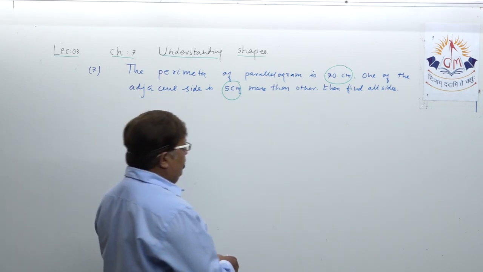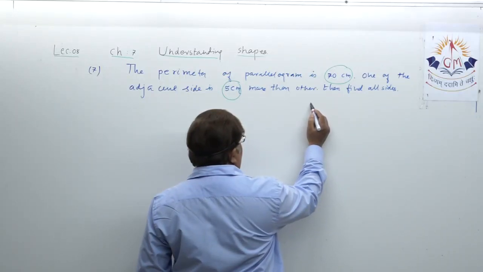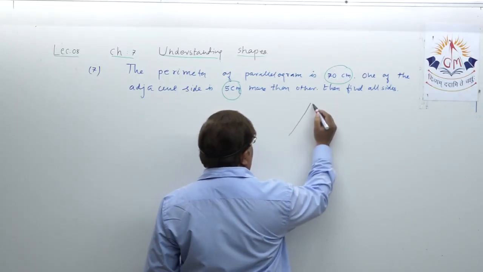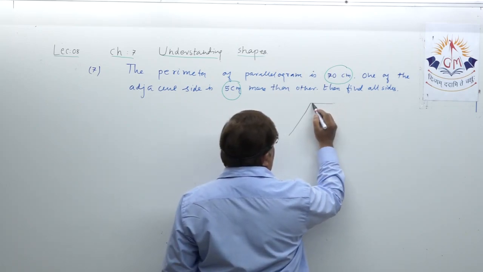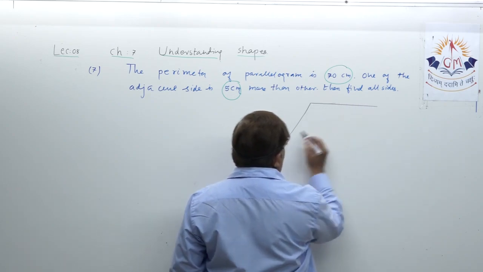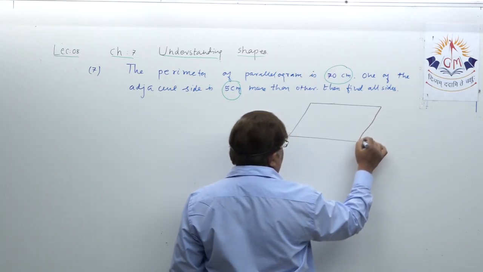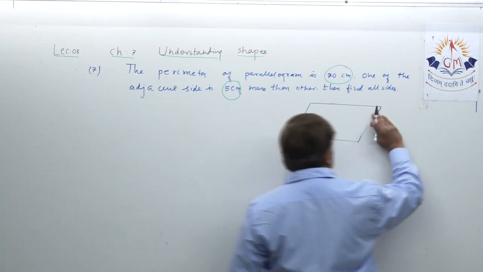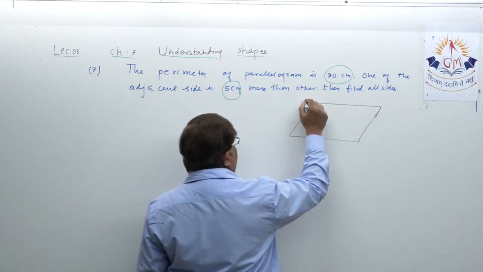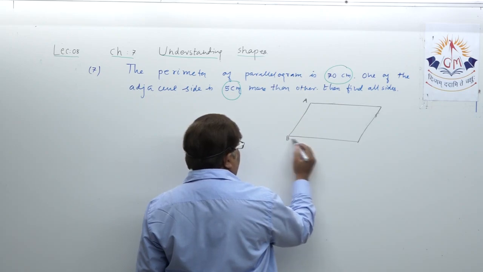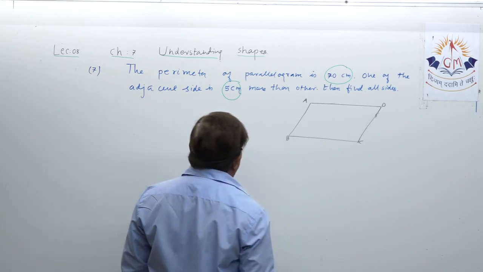Let me solve it for you. First, let us draw parallelogram ABCD. In this parallelogram, the label may vary from student to student, that doesn't matter.